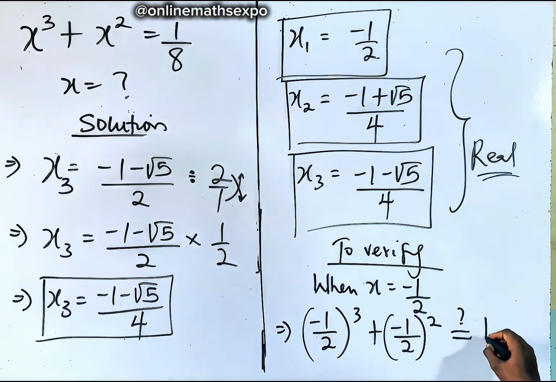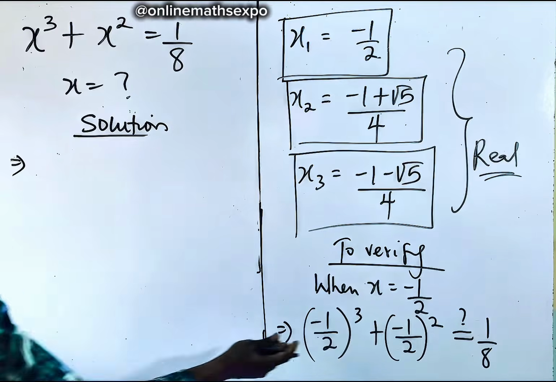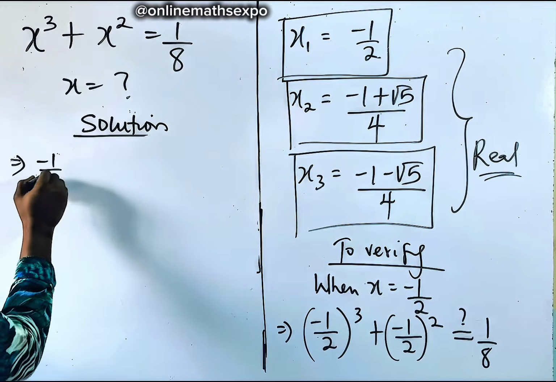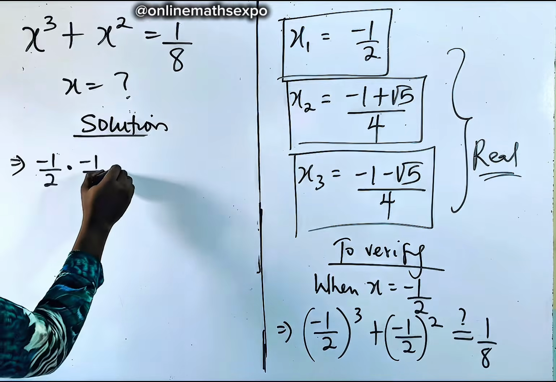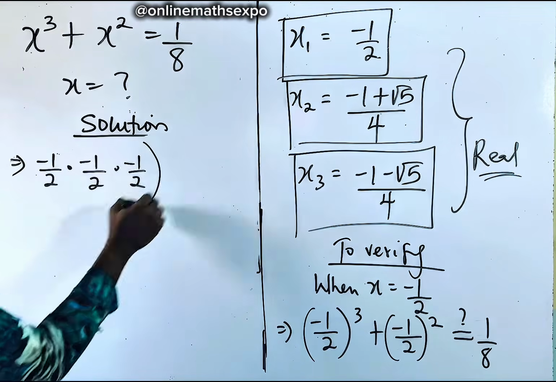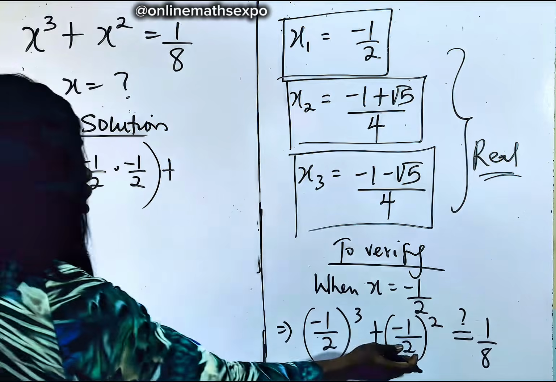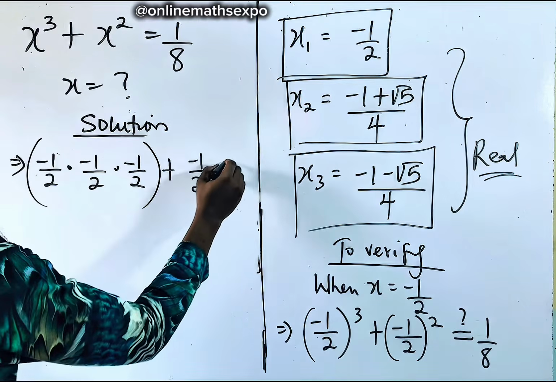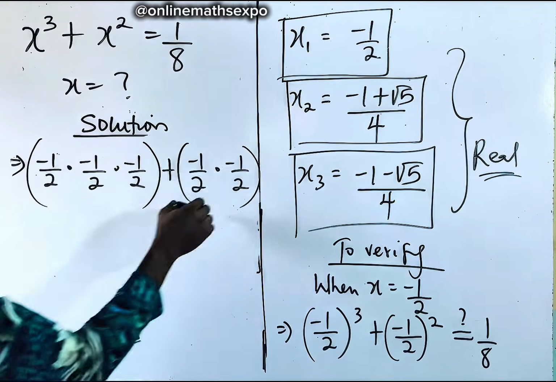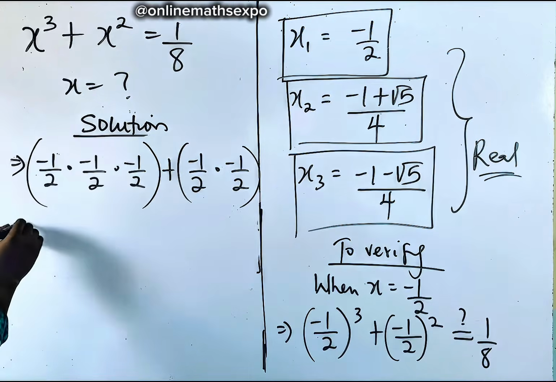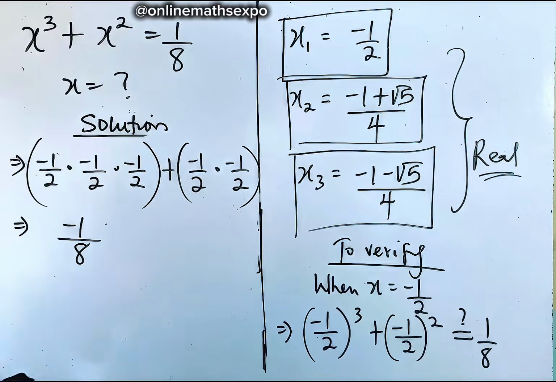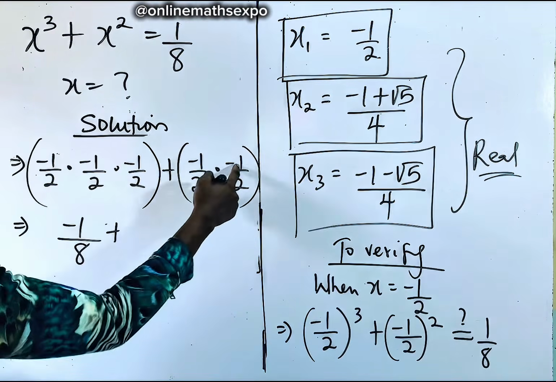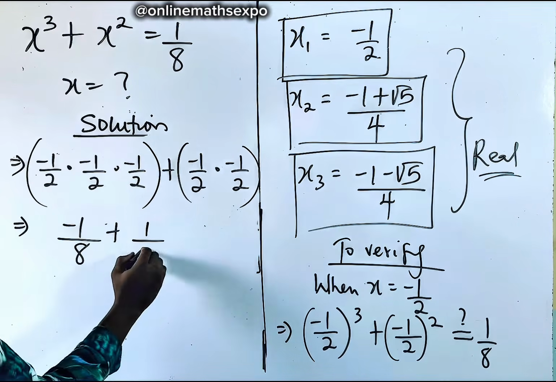Will it be equal to 1/8? Let's simplify. This is the same thing as negative half multiplied 3 times, plus negative half multiplied 2 times. Multiplying negative 1 three times gives us negative 1, and this gives us positive 8. Plus this will give us 1, this will give us 4.